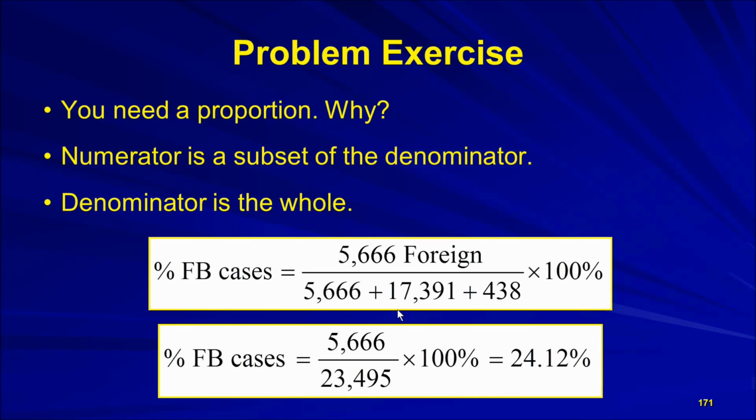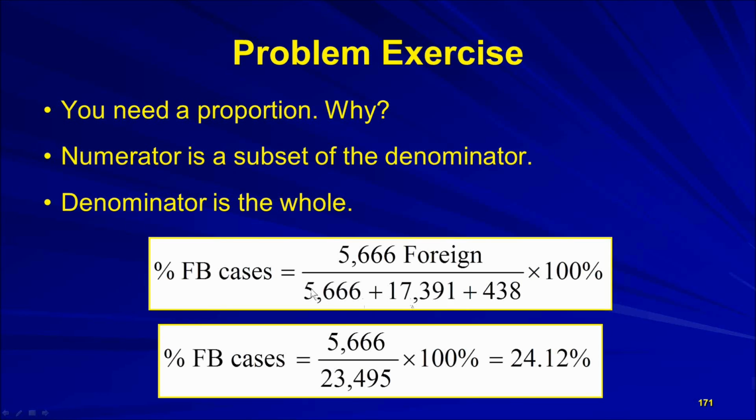And here we go. So what we did, because we knew, if we go back and look at the original pie chart, which you can see that 5,666 were foreign-born. That's the first value repeated in the denominator, plus the additional ones who were U.S.-born, plus the unknowns.